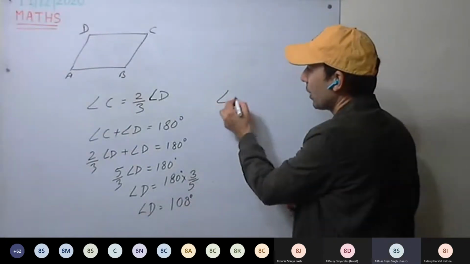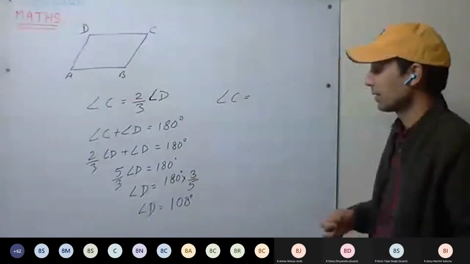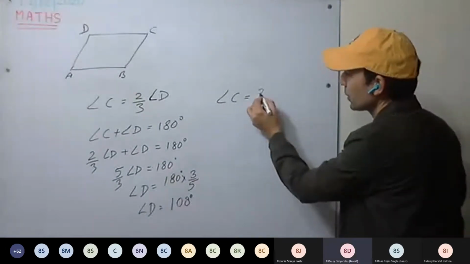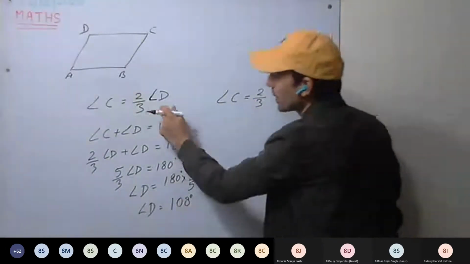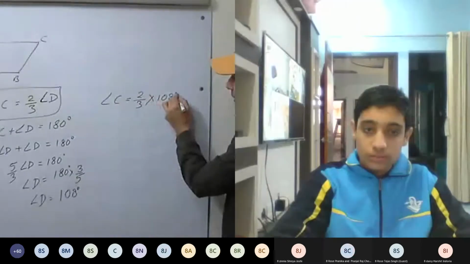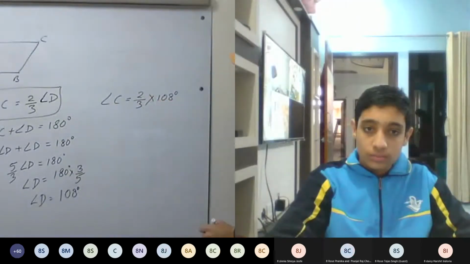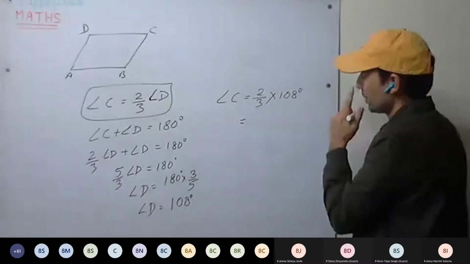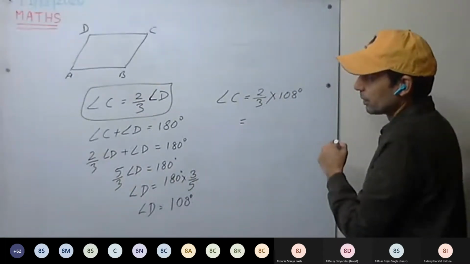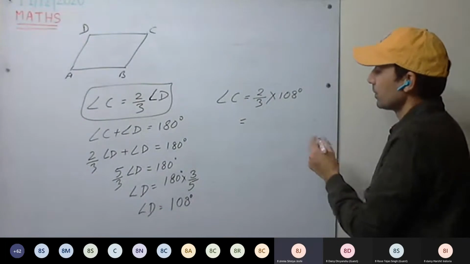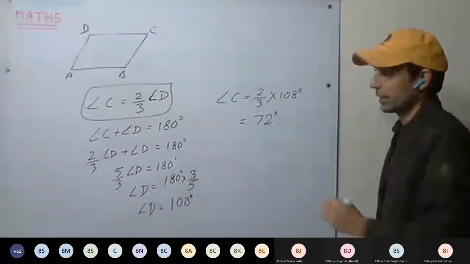Okay. And angle C, how will you be calculating? Angle C equal to 2/3 times angle D, that is 2/3 times 108 degrees. So it is how much? 72 degrees.